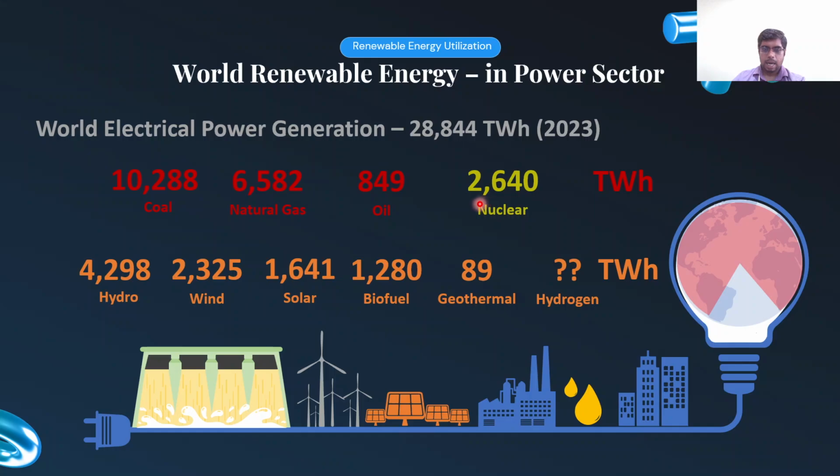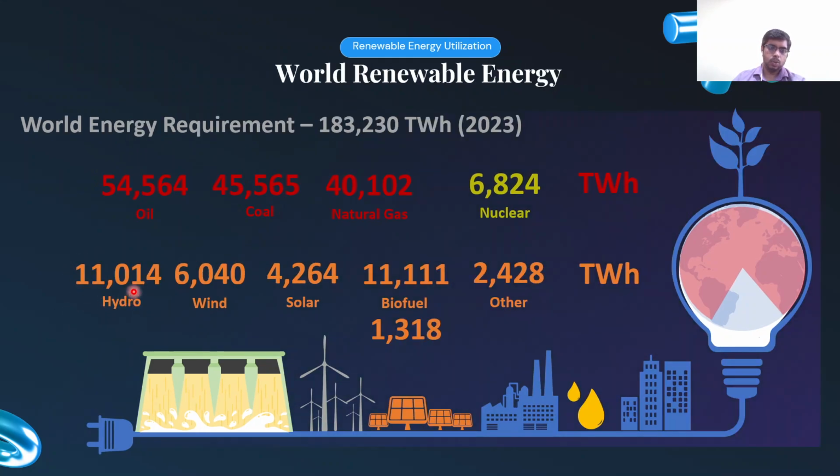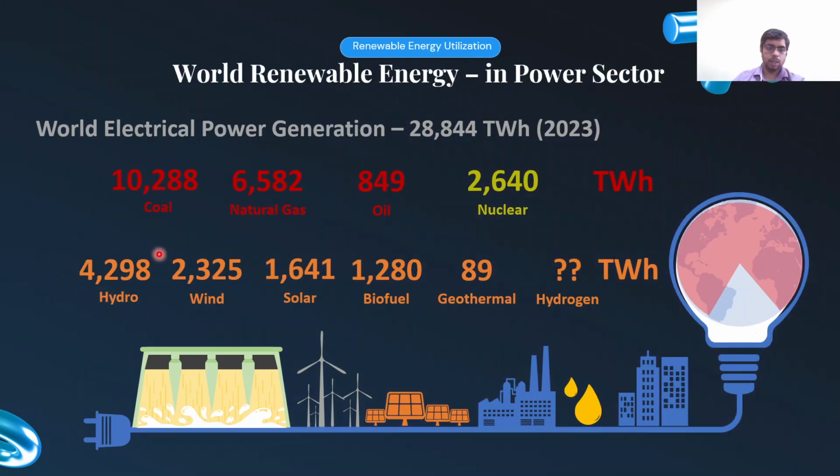And again, if you look at the renewable energy contribution, you can see about 11,000 for total energy. Out of that, about 4,298 terawatt hours is coming from electricity generation.